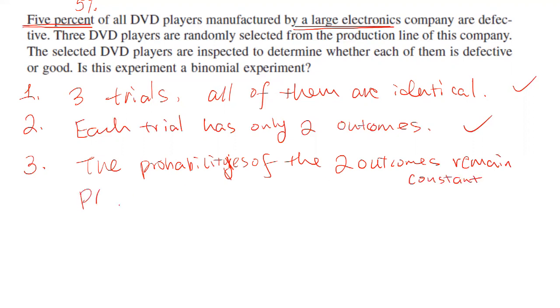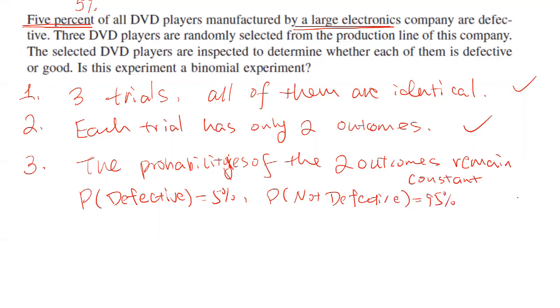Which is actually the probability of being defective is always 5%. And the probability of not being defective is always 95%. So the third condition is fulfilled.